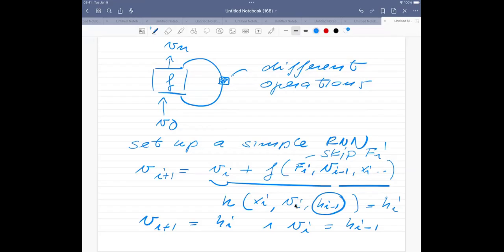So this function here is going to replace that value. So I should put an equality sign here. And then there can be more variables if we want to.